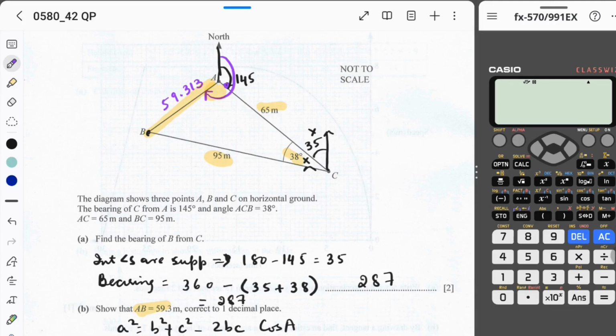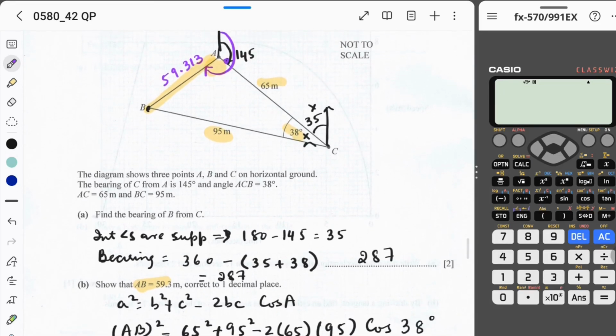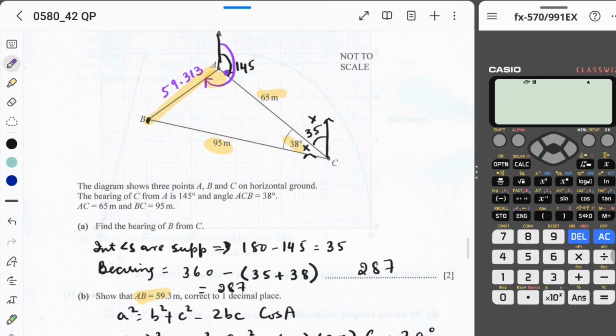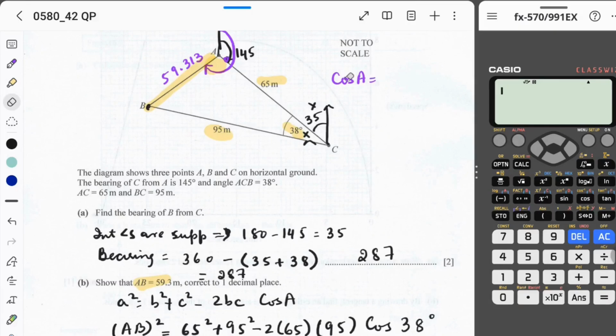For the cosine rule you can use the same formula, and with the help of cos inverse you can find it: cos A is equal to B square plus C square minus A square upon 2BC. This is the same formula which we used to find AB.